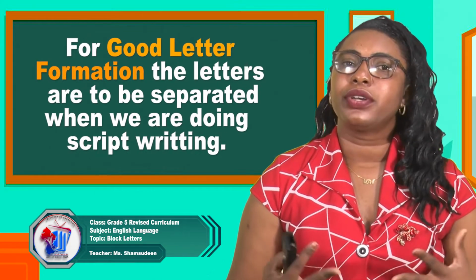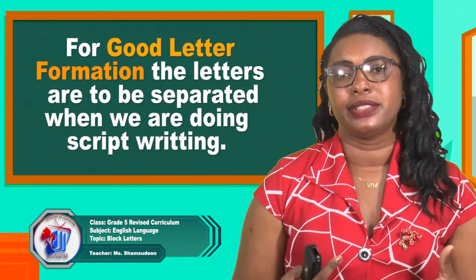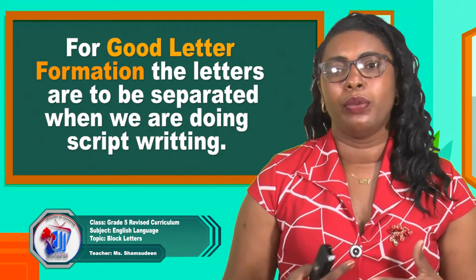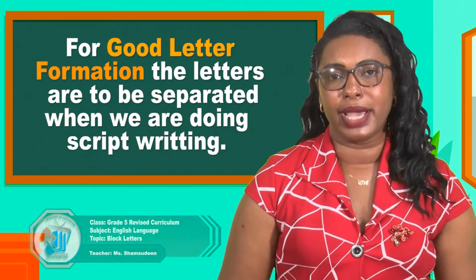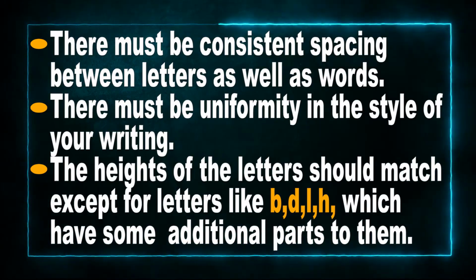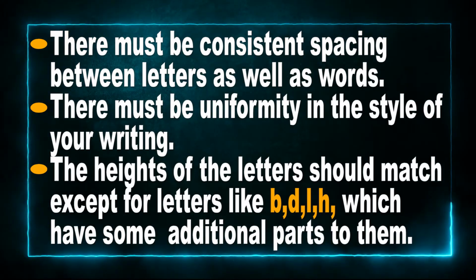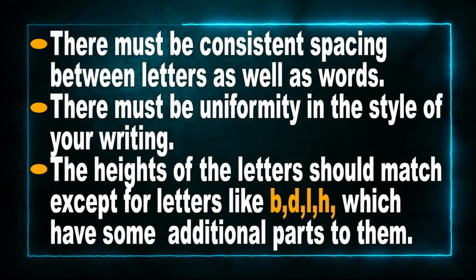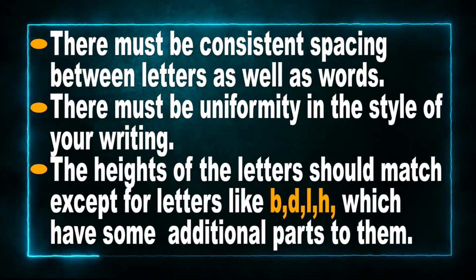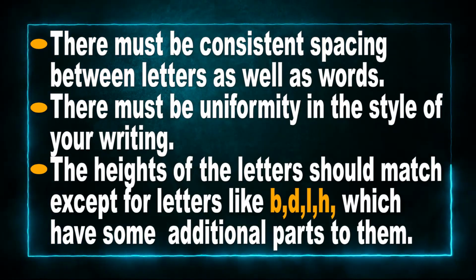We learned that for good letter formation, letters are to be separated when we are doing script writing. There must be consistent spacing between letters as well as words. There must also be uniformity in the style of your writing.